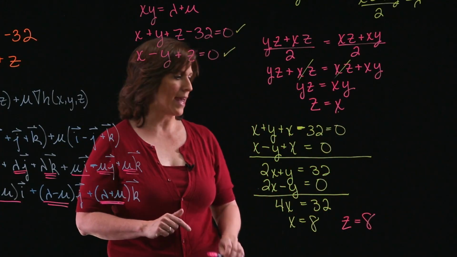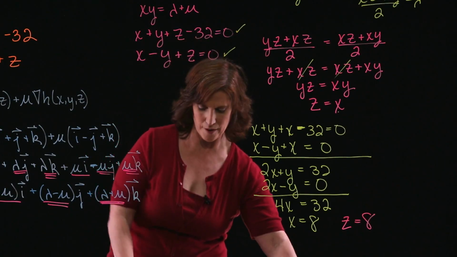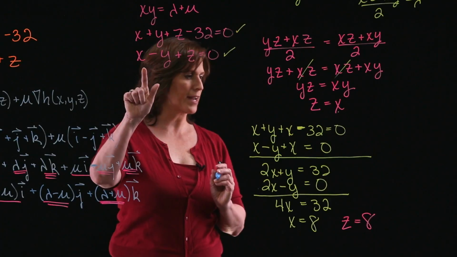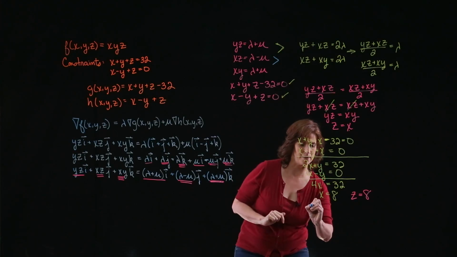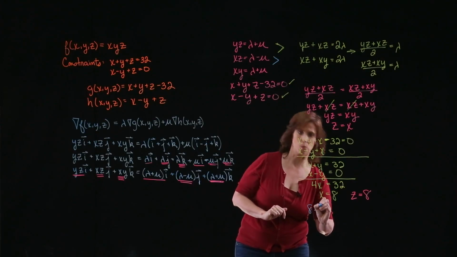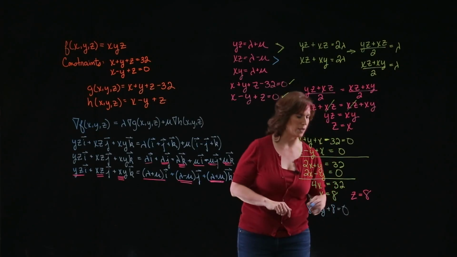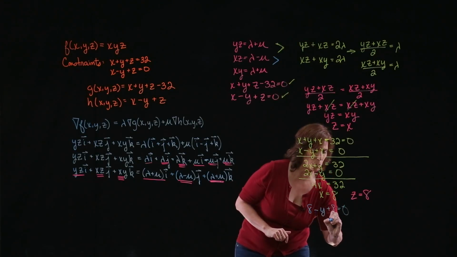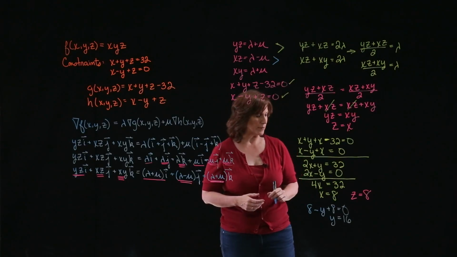And if z equals 8, the only piece that I'm missing is y, and I can plug that into one of my other equations. For instance, I know that x minus y plus z equals 0, so that's going to tell me that 8 minus y plus 8 is going to equal 0, which means that y is going to equal 16.